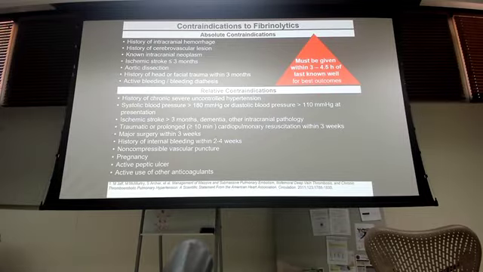This slide just further reiterates when you would not use a fibrinolytic. Obviously, if you're bleeding, you don't want to bust those clots. Cerebral vascular lesions, there's some specifics there. Ischemic stroke, less than 3 months. If you're given a thrombolytic or a fibrinolytic, you're going to have this card.